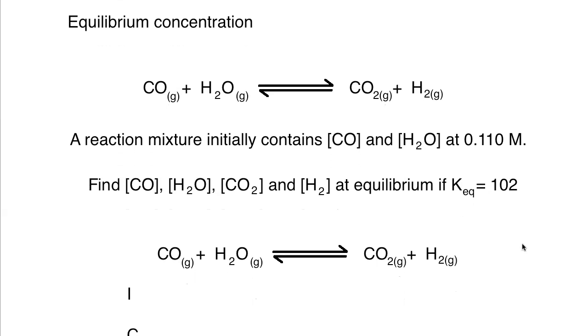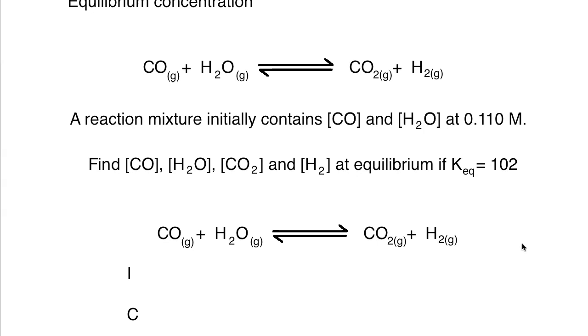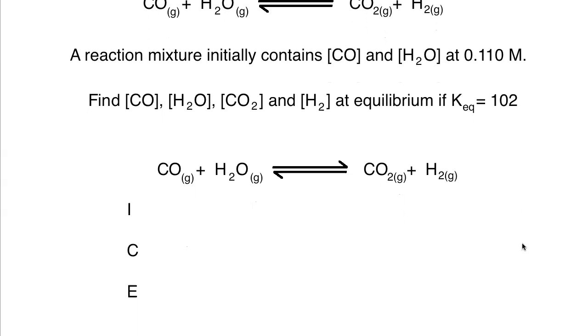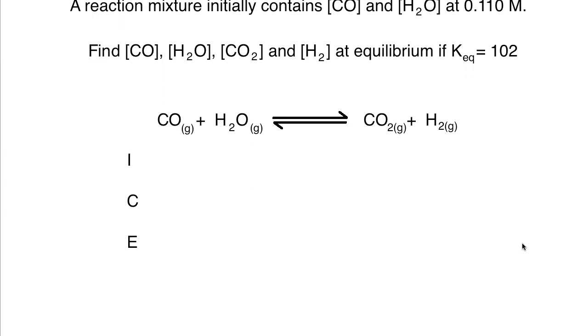So what this problem is looking for is for you to find the molarity of carbon monoxide, water vapor, carbon dioxide, and hydrogen gas at equilibrium if the KEQ is 102. So that is the equilibrium constant, and we will need that in a couple minutes after we set up our ICE chart. So I have an ICE chart ready to go here.